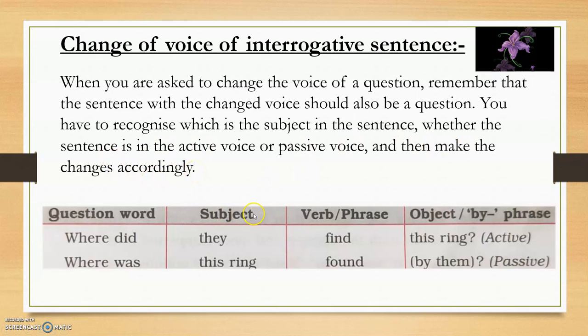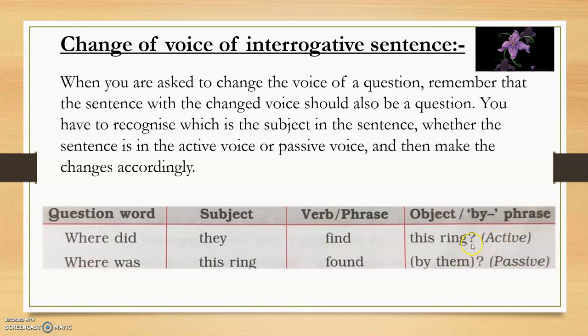Now, when you have an interrogative sentence, let's look at this example. Where did they find this ring? Now, you just divide it. Look into the sentence carefully. The question word is where. Where did? Subject, they. Verb phrase, find. And the object, this ring.